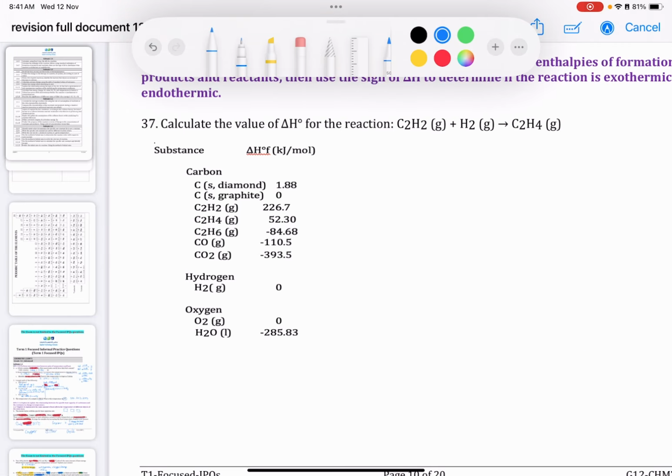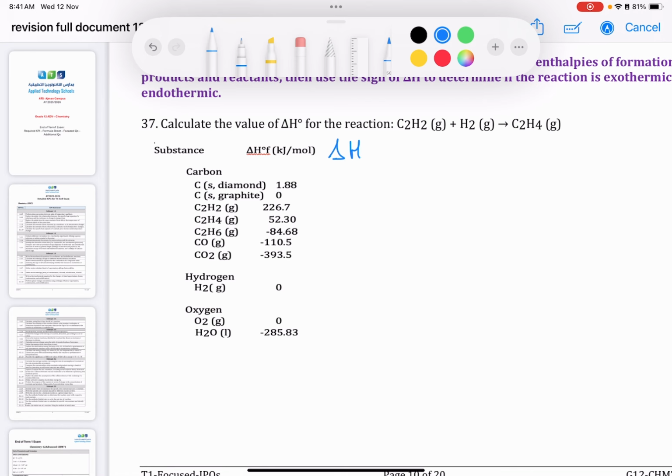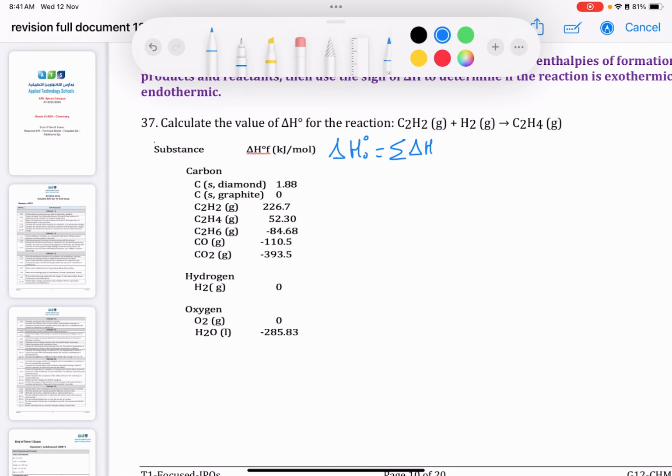We reached the part in our revision session where we need to use the summation equation to calculate the standard enthalpy change of a reaction. And that is always given to you in your exam. It's the summation of the enthalpies of formation of products minus the summation of the enthalpies of reactants.